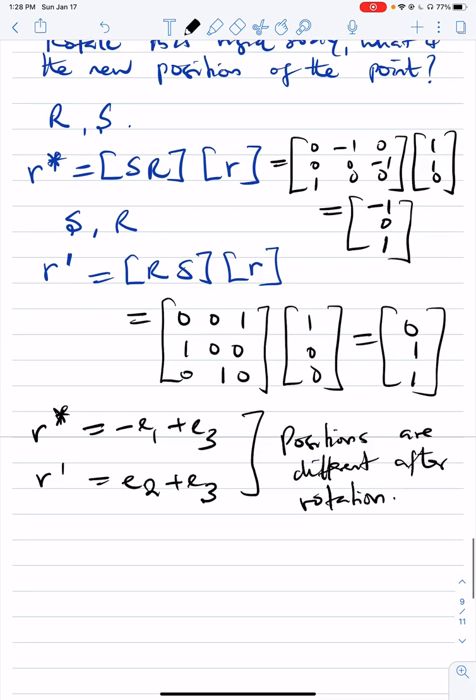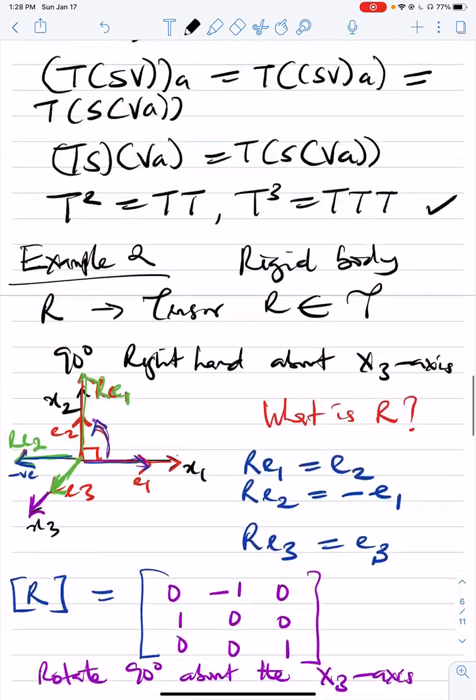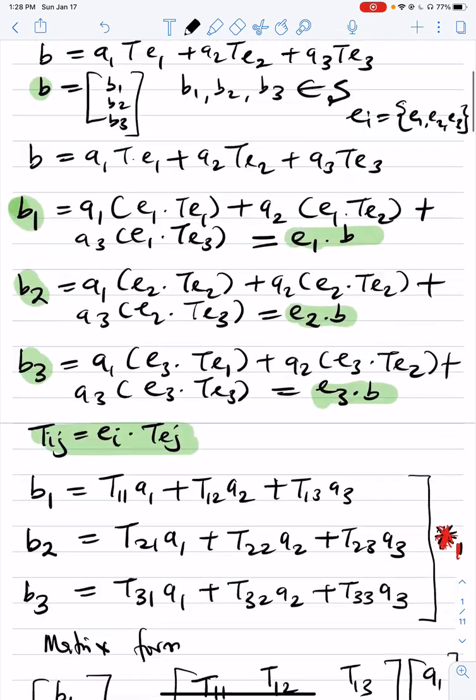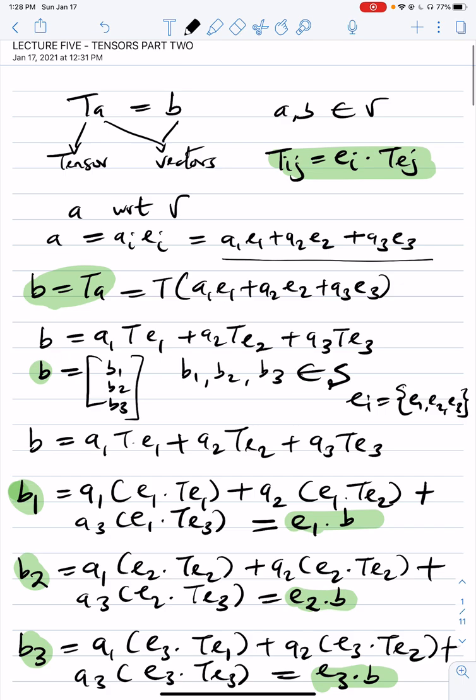Okay, so to conclude this section, let me quickly run through all we've done. Basically we talked about the components of the transformed tensor, right? So if we have a tensor T, we are transforming a vector A to get the transformed vector B. So we were able to find the components of B, and we did it with simple algebra.